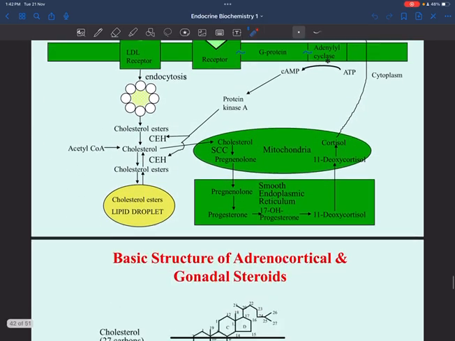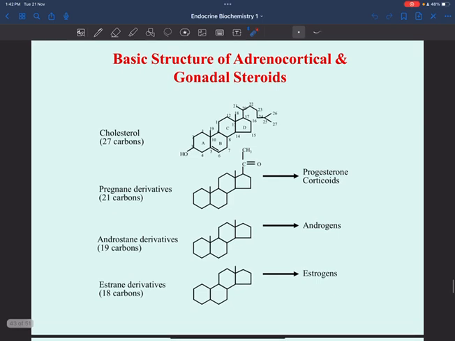If you want, you have to know that the steroid hormones, whether they are androgens or estrogens, or for example progesterone and corticoid hormones, you have to remember they are always derived from the cholesterol molecule, and the difference is in the number of carbons and the metabolism process of these structures.